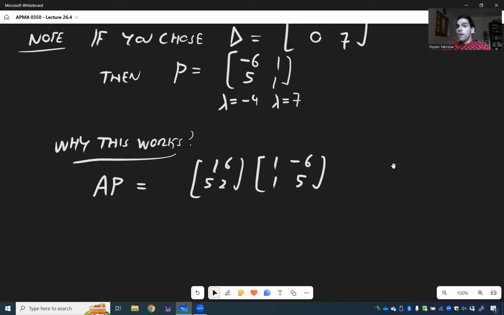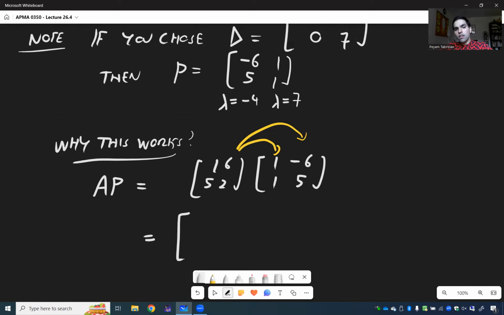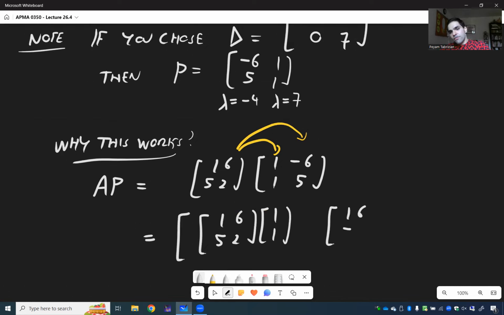Now, multiplying two matrices, it turns out from linear algebra, it's the same as applying the same matrix to both columns. So that's 1, 6, 5, 2 times 1, 1, and then 1, 6, 5, 2 times -6, 5.